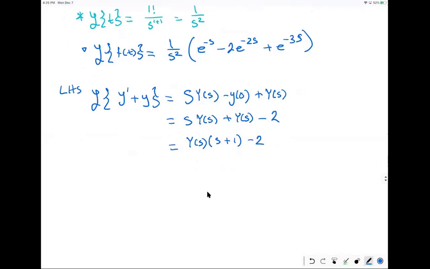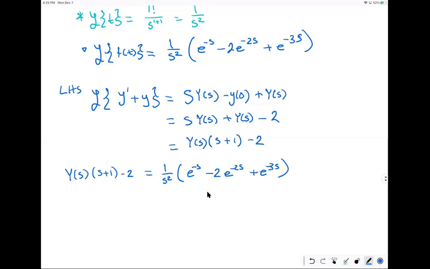Okay, now I've got the right-hand side and the left-hand side, and let's put those equal to each other. So Y of S times S plus 1, minus 2, equals the right-hand side, which is 1 over S squared times e to the minus S, minus 2 times e to the minus 2s, plus e to the minus 3s.